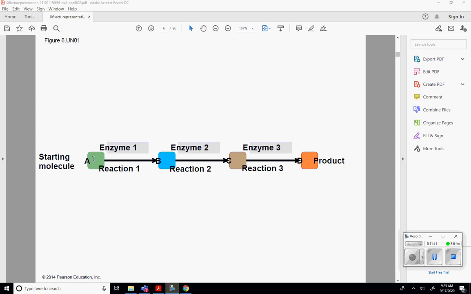So molecule 1 and molecule 2 will get made, but then molecule 3 won't if enzyme 2 is denatured or doesn't work the way it's supposed to.